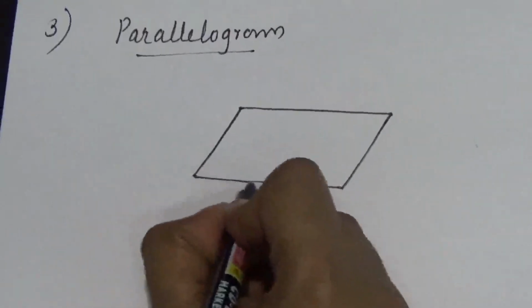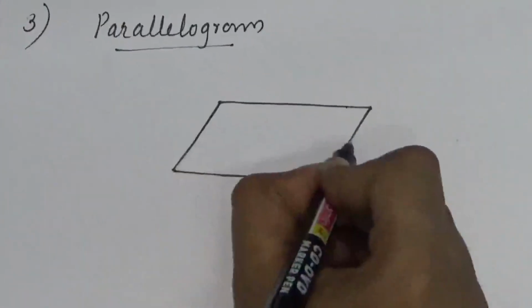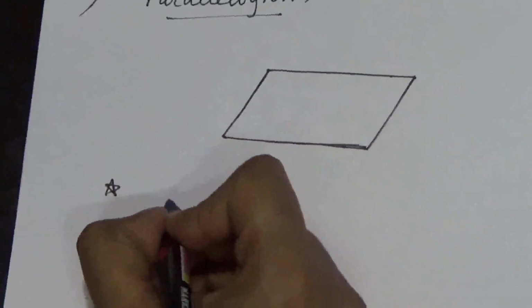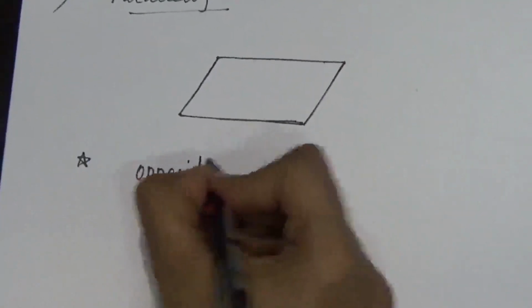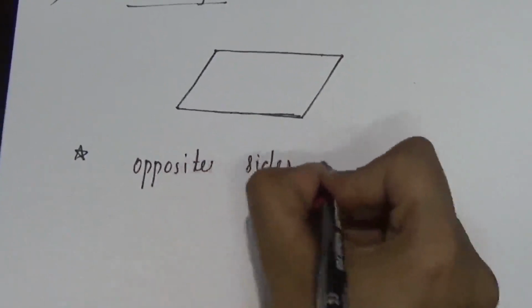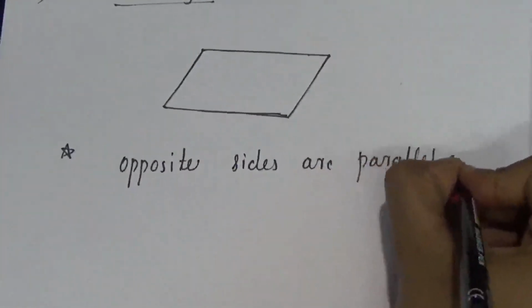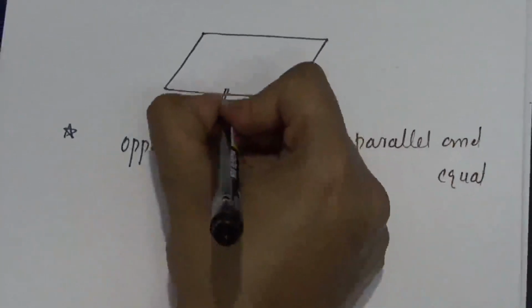That means these two sides are parallel, these two sides are parallel. So a parallelogram means opposite sides are parallel and equal. Okay, these are equal.